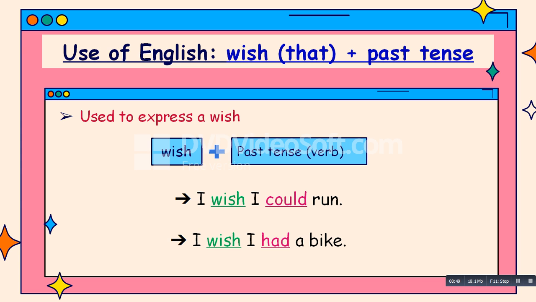The word wish is there as I told you before. The past tense verb is also there, had. So had is the past tense verb in this sentence. And in the previous sentence, could is the past tense verb of can. Those are the things that you need to focus on when you're talking about a wish. I think it's very clear for you.